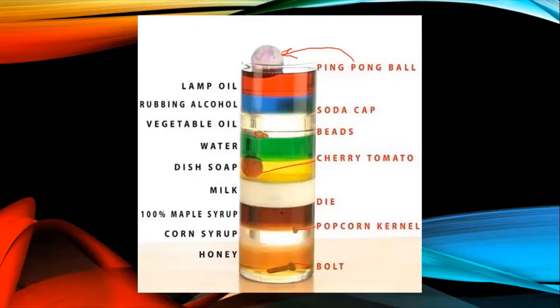The lamp oil. You get the idea? Now, please tell me, why are these popcorn kernels over here floating on top of the corn syrup, but they're at the bottom of the maple syrup? You look carefully, it's floating over here. Why is it on top of the corn syrup and why is it underneath the maple syrup? Somebody was answering. Yes, ma'am.